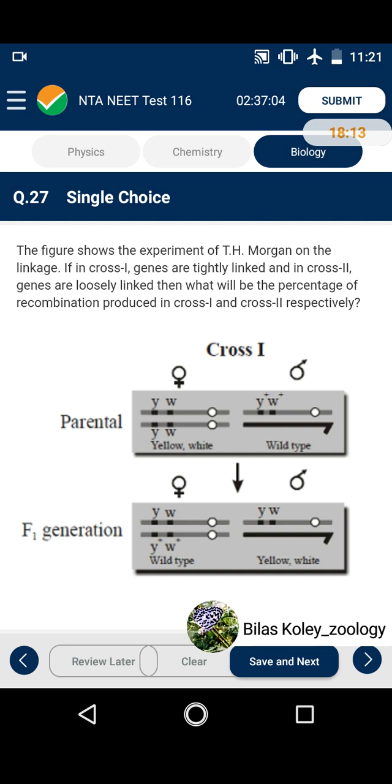Now question number 27. The figure shows the experiment of T.H. Morgan on the linkage. If in cross 1 genes are tightly linked and in cross 2 genes are loosely linked, then what will be the percentage of recombination produced in cross 1 and cross 2 respectively? First we have to observe the figure.